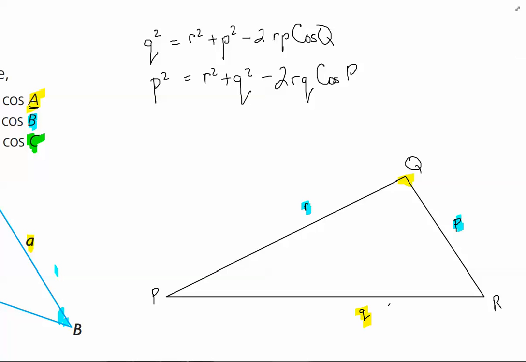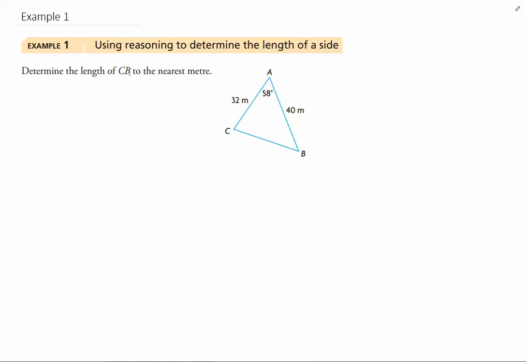Let's do an example. Determine the length BC to the nearest meter. So BC is here, that's this side.